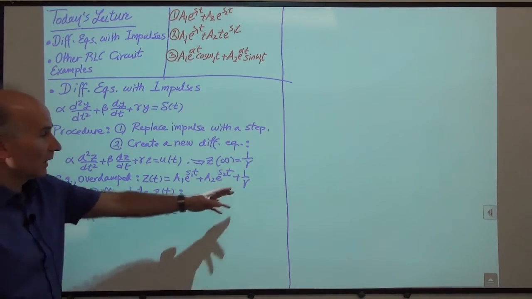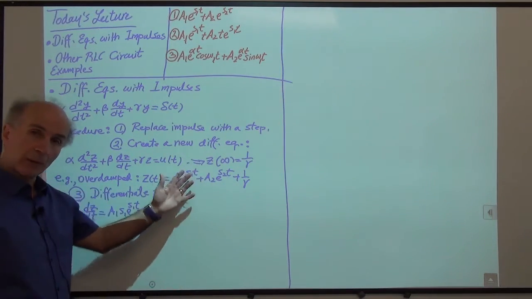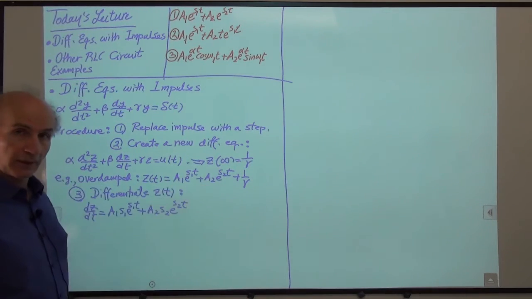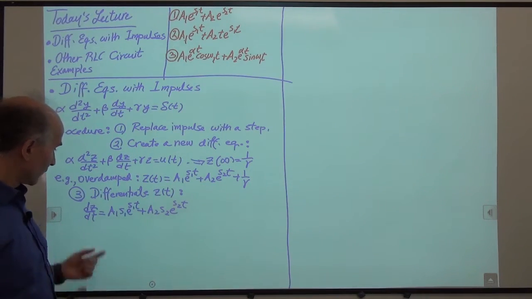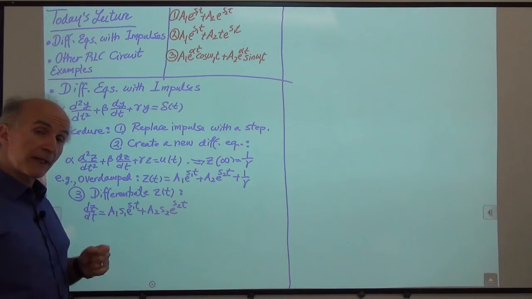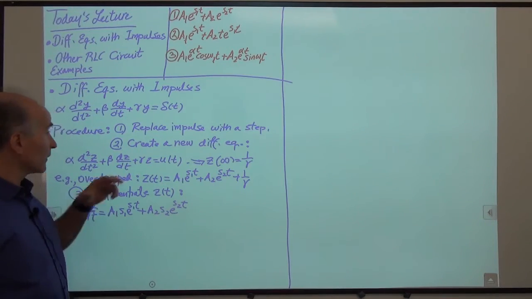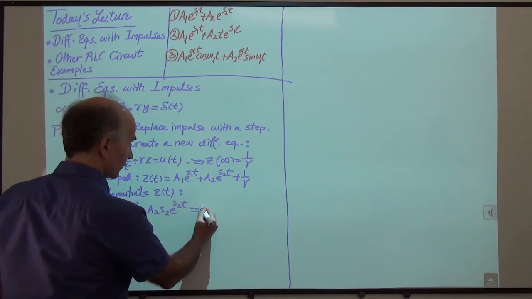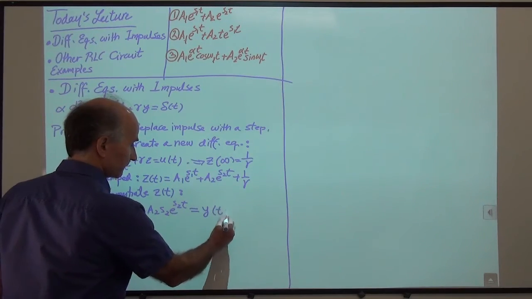All right, you see that this 1 over gamma doesn't really play a role anyway because we're differentiating it. Nevertheless, just to be careful, we write that there. Okay, so this is the derivative of z. And now I will say that the y that I was looking for here is in fact this one. So I say this is equal to y of t.